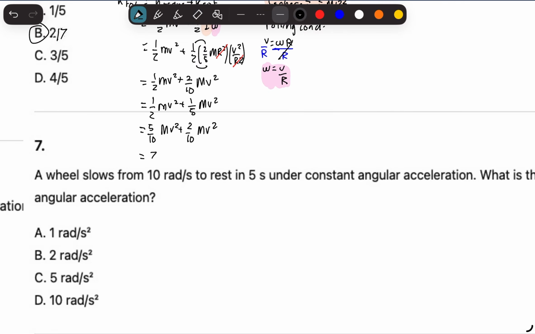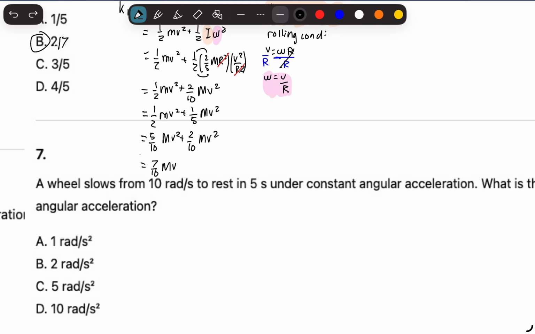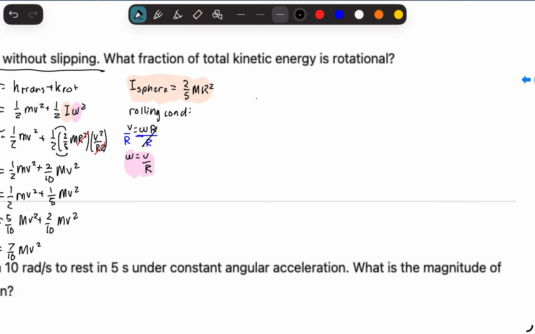So that's going to be 7/10 mv squared for your total kinetic energy. Now we want to take the ratio of this so we can find how much is rotational out of the total kinetic energy.